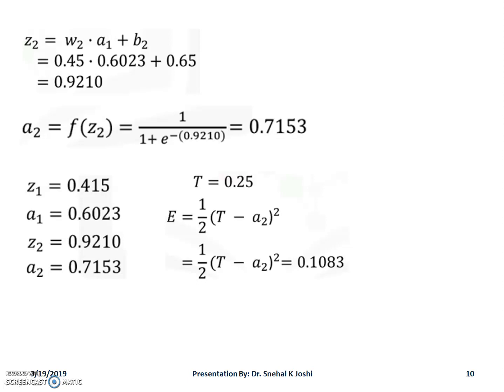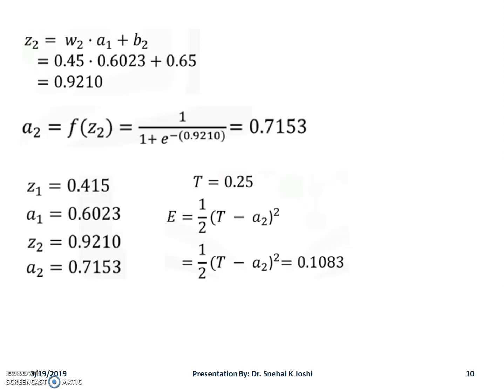So, using forward propagation, we obtain the values of Z1, A1, Z2 and A2 for input x1 equal to 0.10 for this example. As we see, the predicted value obtained is 0.7153. Let us assume that for example, our actual value, which we also call the ground truth value T, is 0.25.